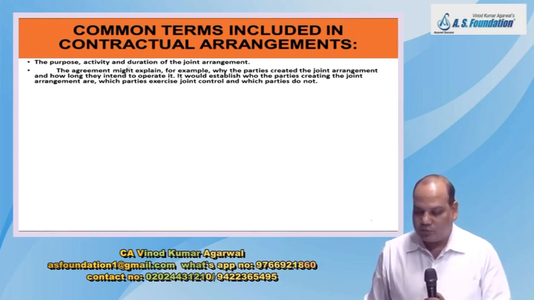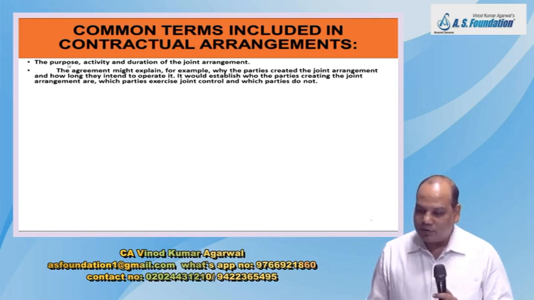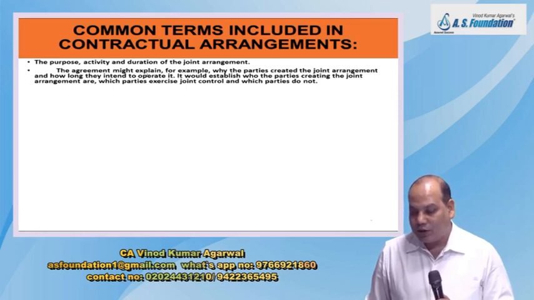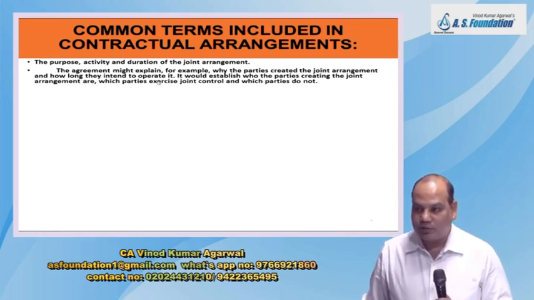So this you have to specify that this joint arrangement is for sale of let us say wines, or activity that we are into construction of bridges, or duration that this joint arrangement is for 5 years. The agreement might explain, for example, why the parties created the joint arrangement and how long they intend to operate it.